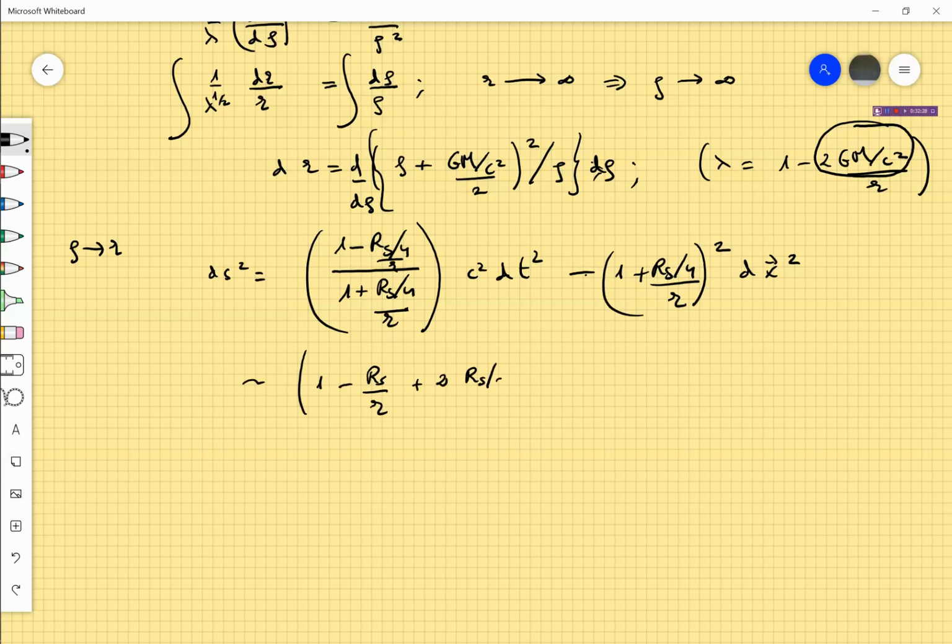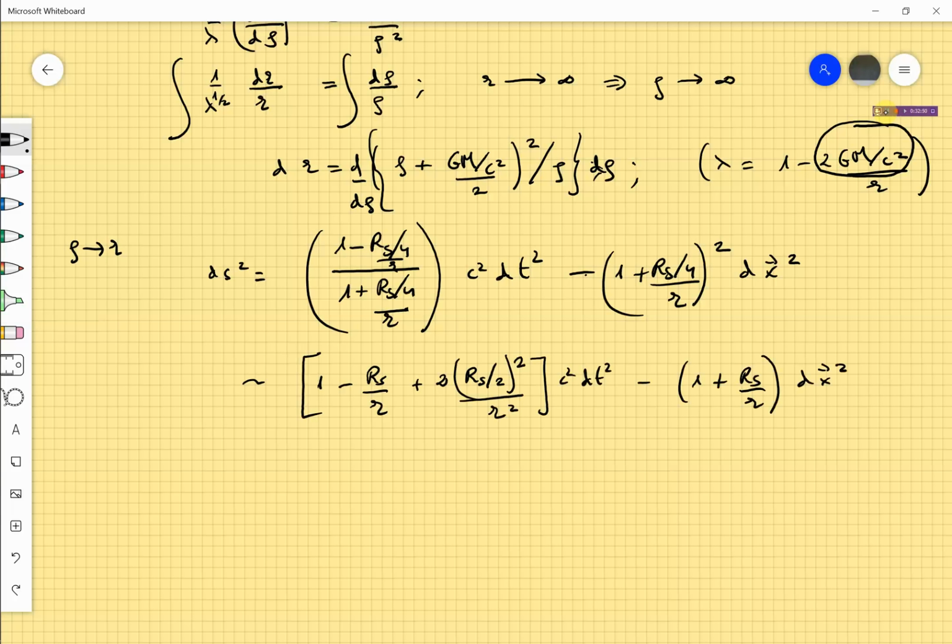Plus rs divided by 2 squared divided by r squared, and this multiplied by c squared dt squared minus 1 plus rs divided by r dx squared.